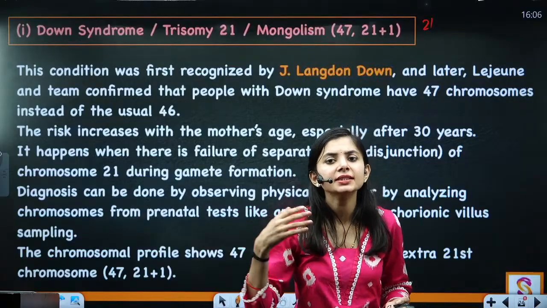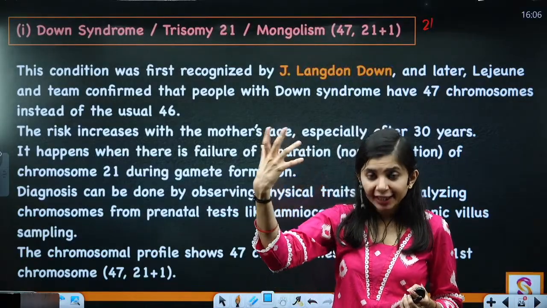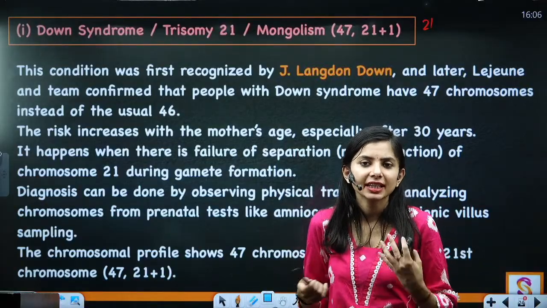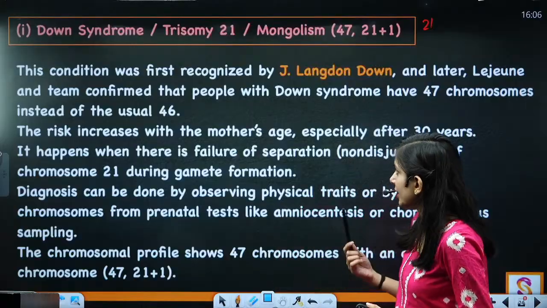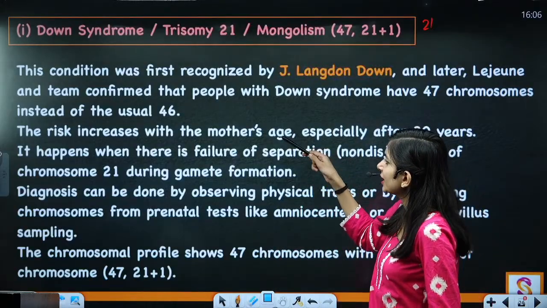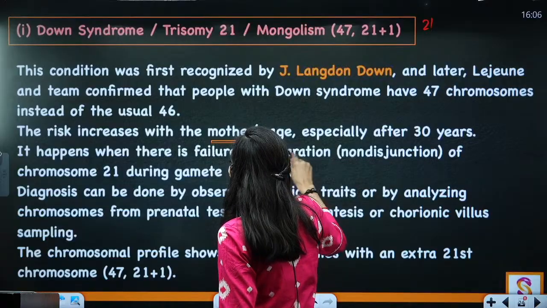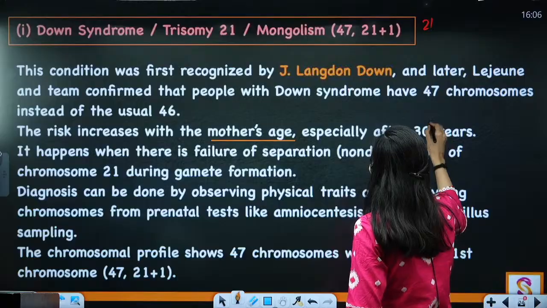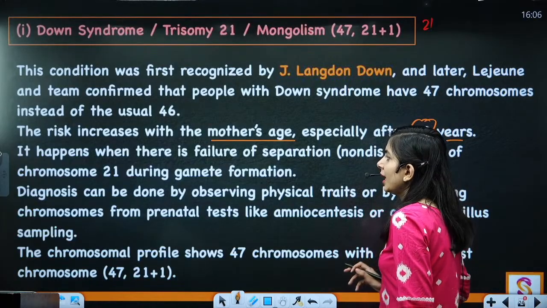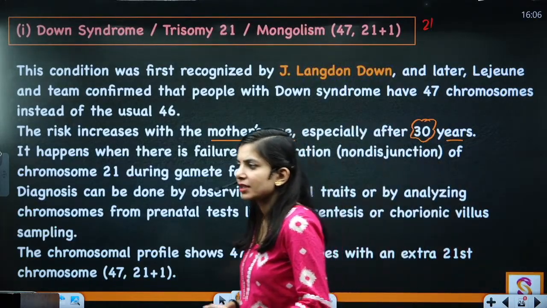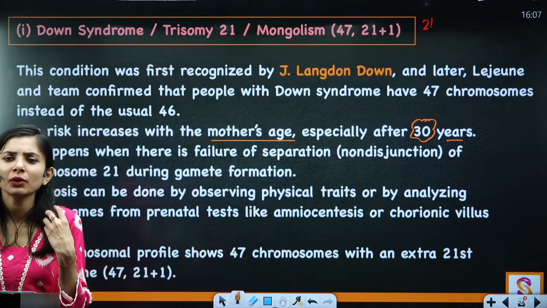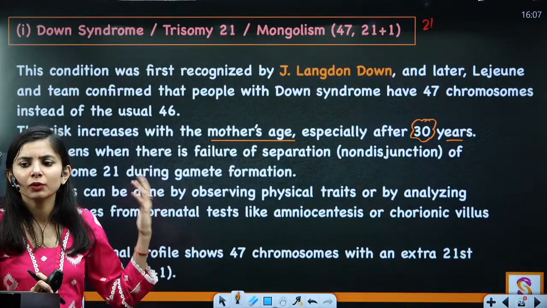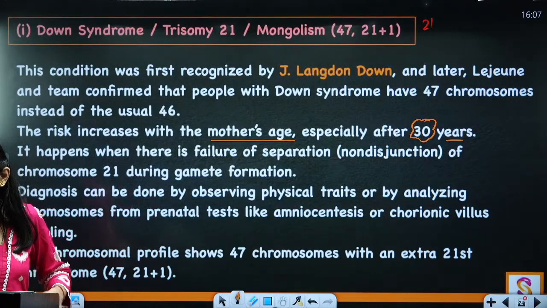The reason is the age of the mother when she gets pregnant. The risk increases if the mother gets pregnant after 30 years. We cannot clearly tell the exact reason, but this is what is explained.